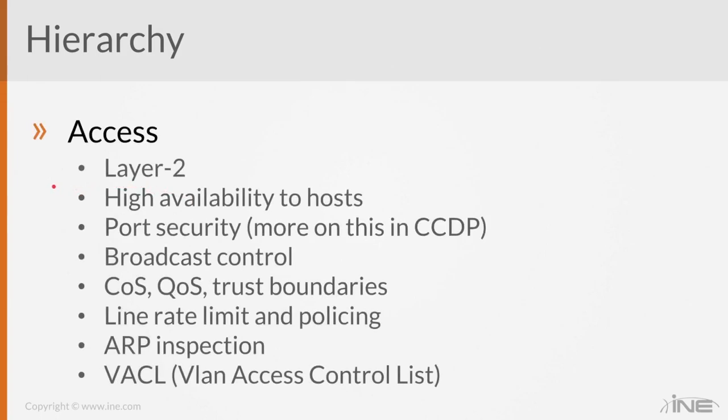Now, at the access, what do we need? Well, normally we run layer 2. And one of the key points is high availability to hosts. So the access block should be highly available. Now I say to hosts, but especially to servers.